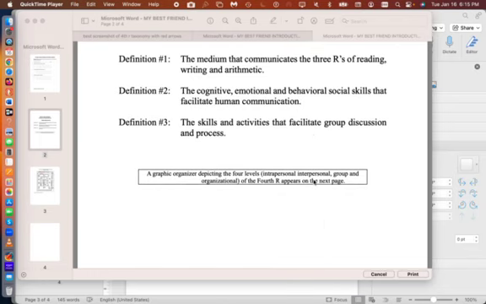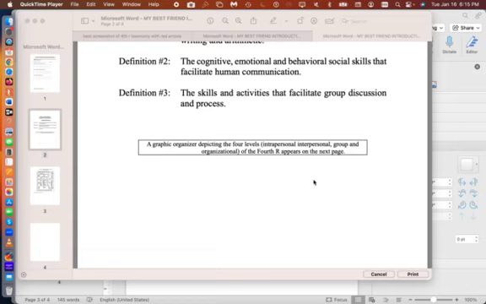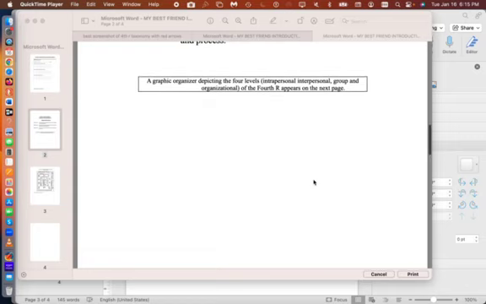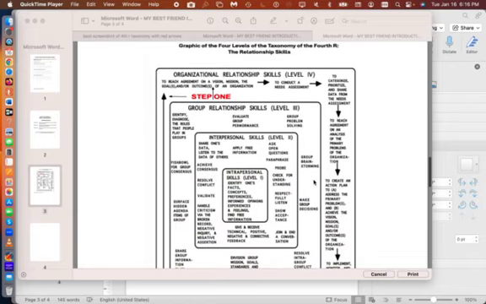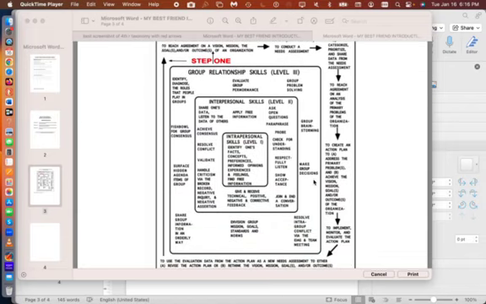Now, we have here a graphic organizer that depicts the four different levels of the fourth R. And I want to briefly go over that with you.